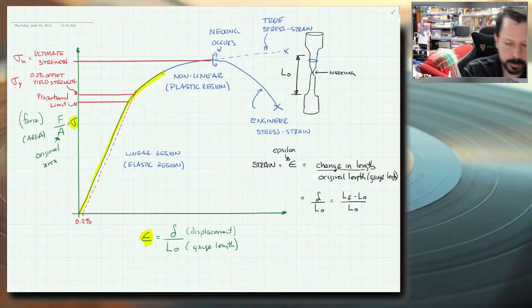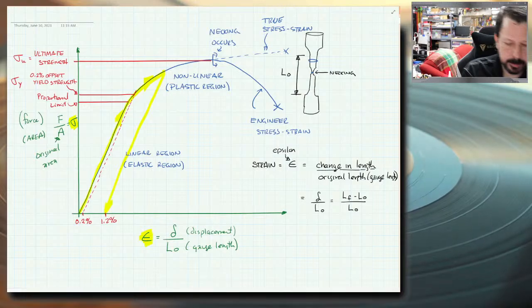When I remove the force, if I'm at this point up at the top, it travels back parallel to that original linear region. So like this. I'm going this direction. And now I have some amount, I don't know what that amount is. If that's 0.2, or maybe it's more, say 1.2, I have 1.2% of permanent change in the geometry.